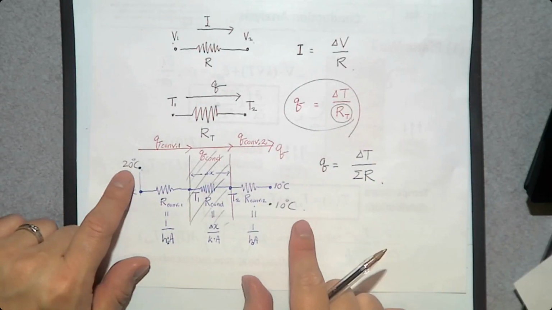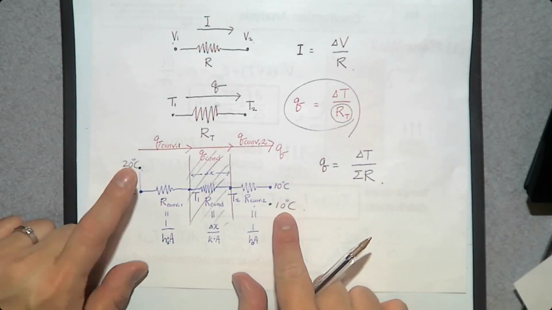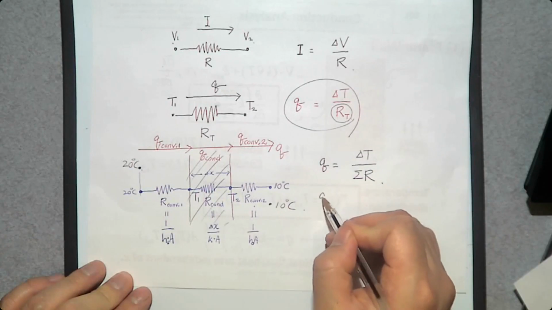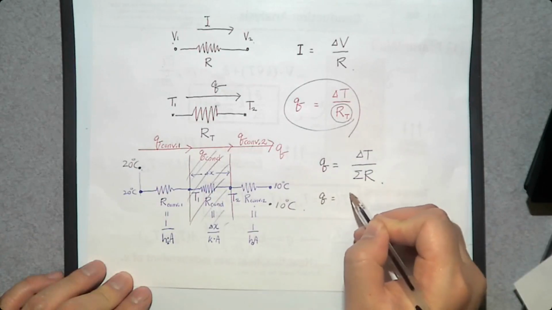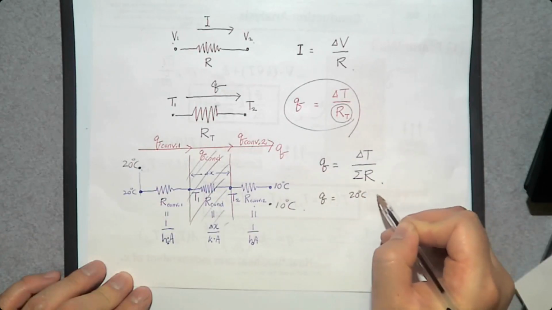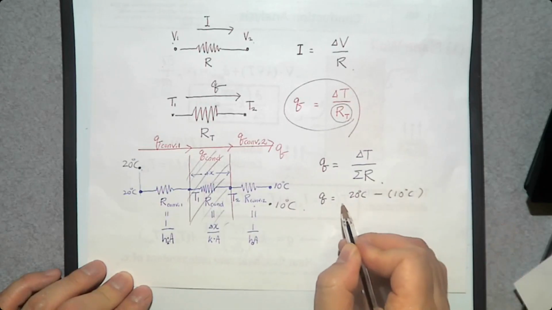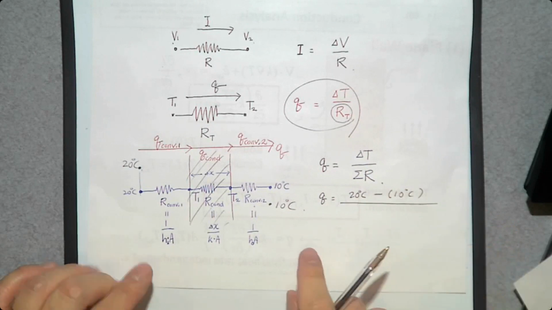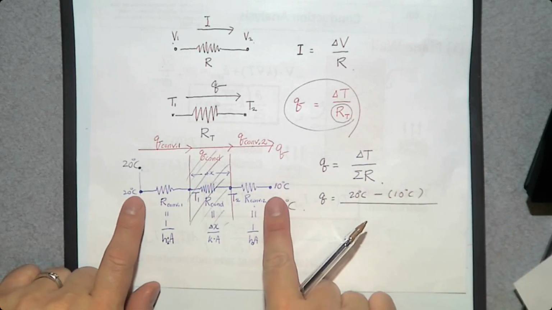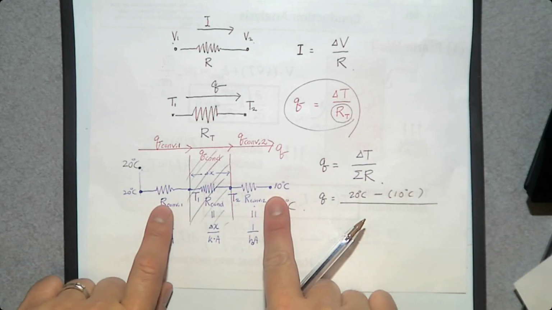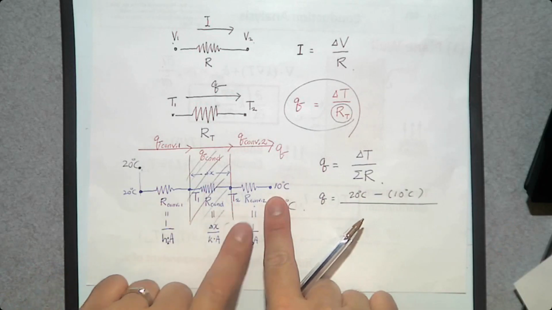We can use 20 degrees Celsius and 10 degrees Celsius. So in that case, Q is 20 degrees Celsius minus 10 degrees Celsius divided by how many resistances between these 2 points? 1, 2, and 3.